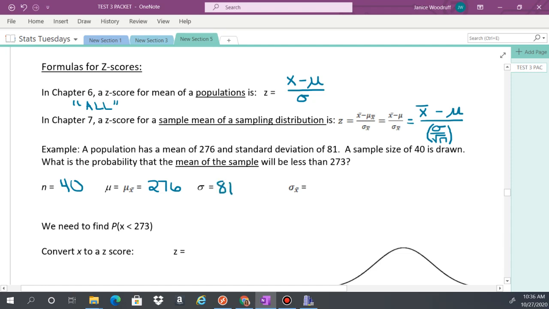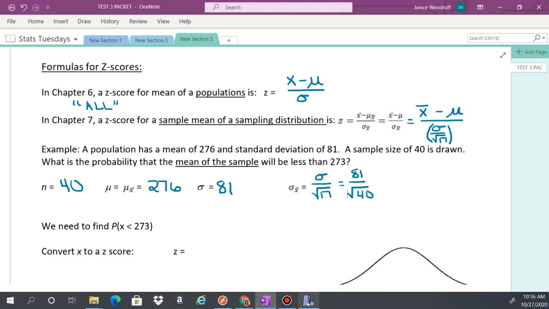What we need to find is the standard deviation of the sample. So to find it, we are going to do the calculation that is given to us as the standard deviation of the population over the square root of the sample size. So that's going to be 81 over the square root of our sample size here, 40.